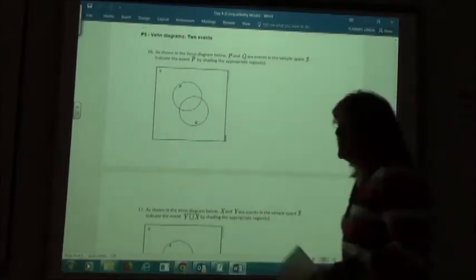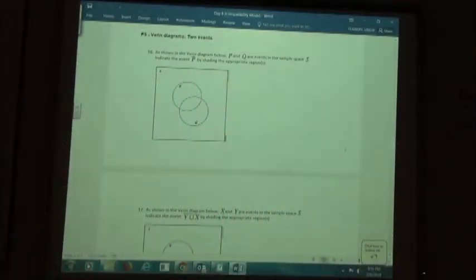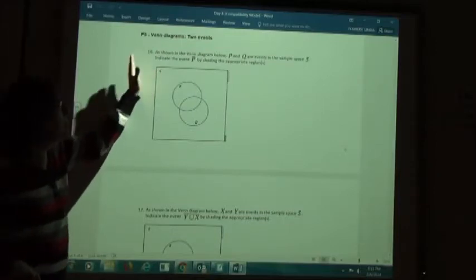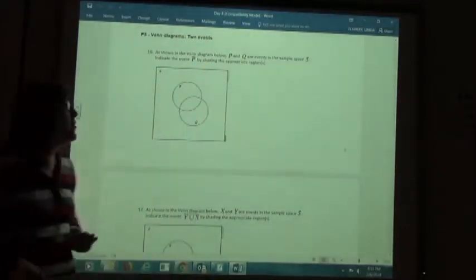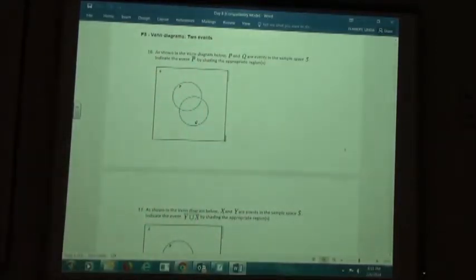Venn diagrams. A Venn diagram is a way to kind of draw out what's happening. In this case, we have a sample space of S. Notice they put an S up here. That's the whole thing that I'm considering. P and Q are events in my sample space.